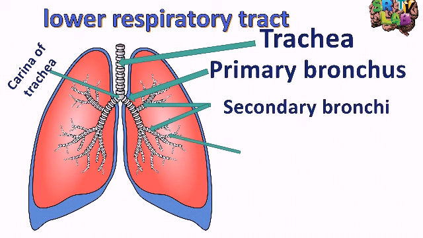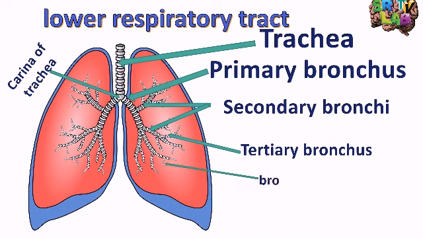After the secondary bronchi, we see the branches of the secondary bronchi, which are the tertiary bronchi. Then after the tertiary bronchi, we see the bronchioles. And this is the bronchial tree. Apart from just saying it is the lower respiratory tract, it is also called the bronchial tree.